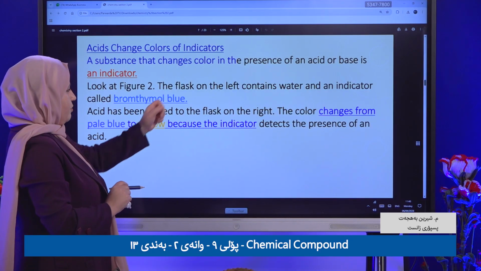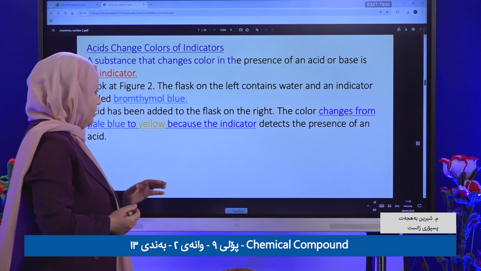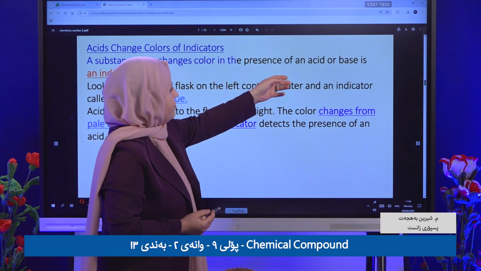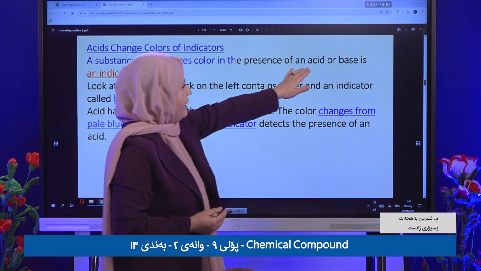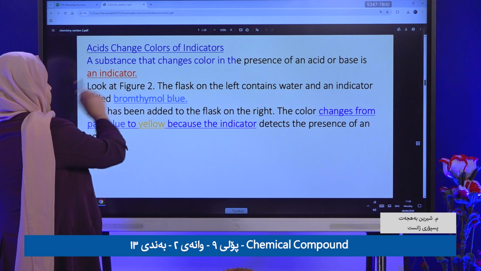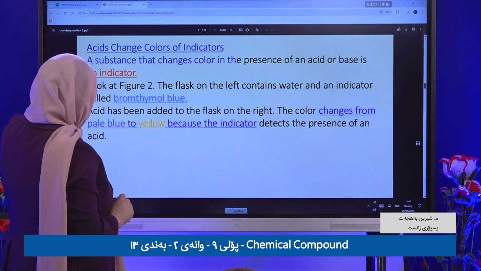Bromothymol blue, which has a blue color, and the second one is called litmus. A substance that changes color in the presence of an acid or base is an indicator. Okay. Look at the flasks. Look at here. I'm going to explain.